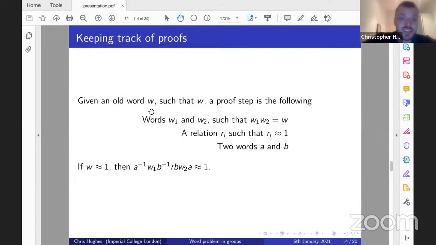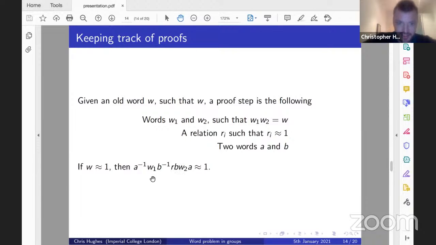So at every stage you have an old word and a new word. If my old word is equal to one, and I have two words that multiply together to make my old word, a relation, and some words A and B, then I insert the relation somewhere in my old word.